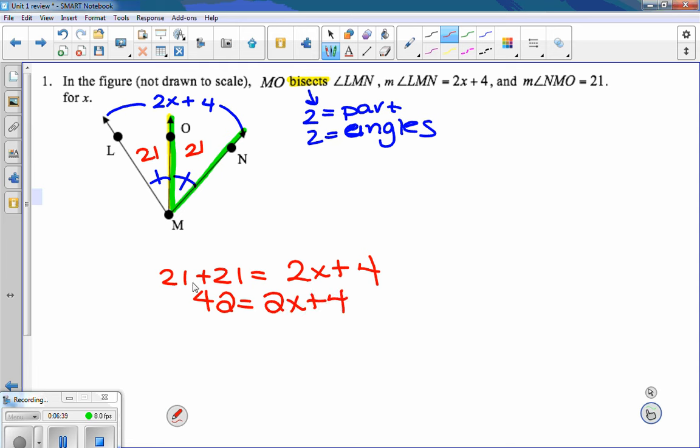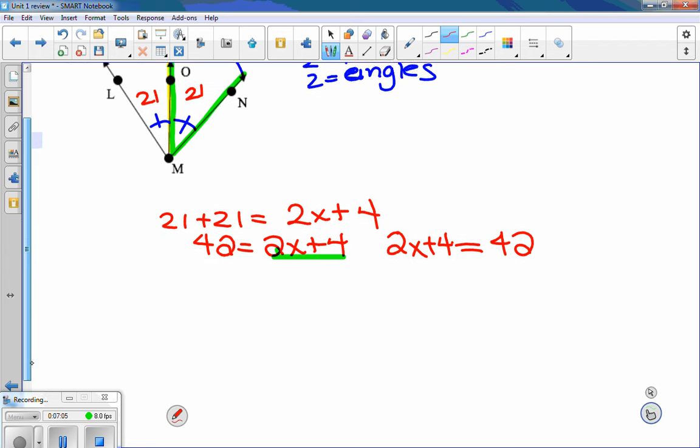Now, some of y'all like it written the other way. How many of y'all like it written the other way with x? All right, so guess what you're going to do? You're just going to switch the equal sign. We're going to put the 42 over here. But you have to take this whole thing and put it on the other side. Now that looks a little better, doesn't it? You can do that, but you have to take the whole thing, not part of it.